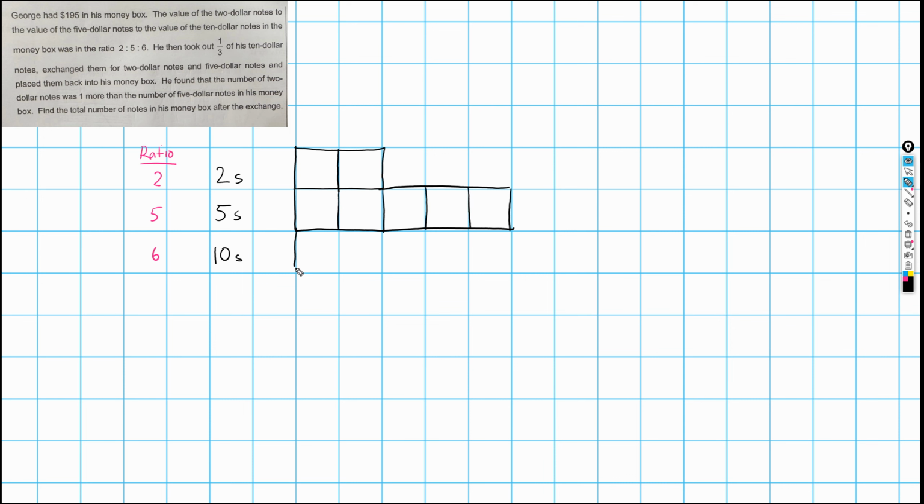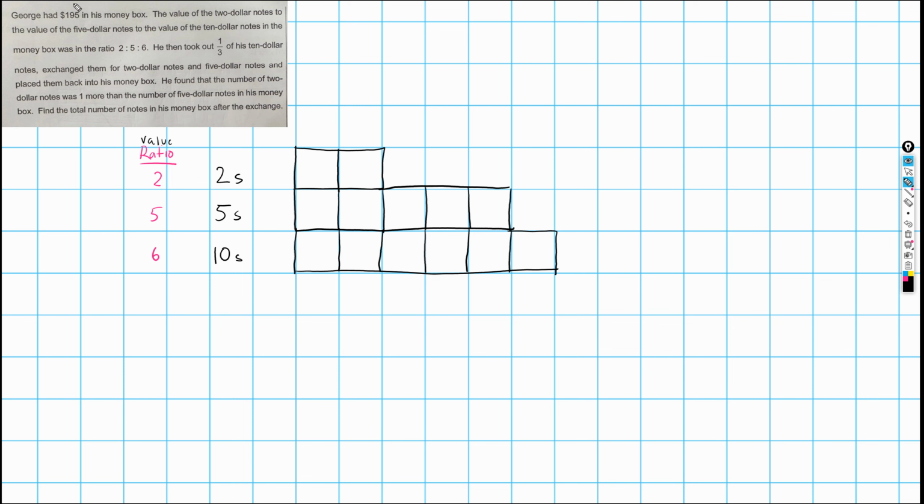And here we have, checking back there, 6 parts. Remember, this is representing the value, the ratio in terms of value.